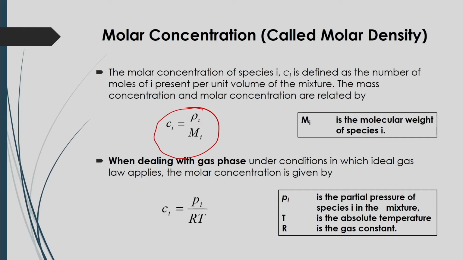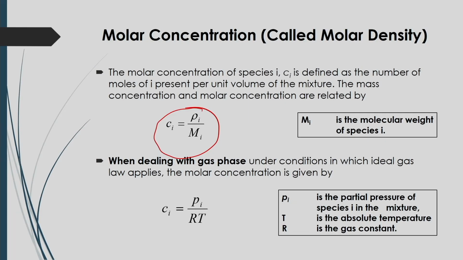Interestingly, if you divide mass per unit volume by the molecular weight, mass divided by molecular weight gives the number of moles. So it will be moles per unit volume, which is simply called the molar concentration.